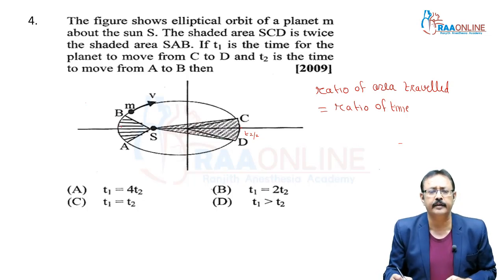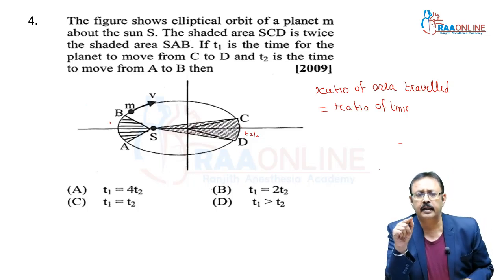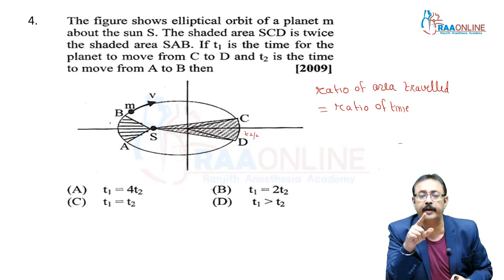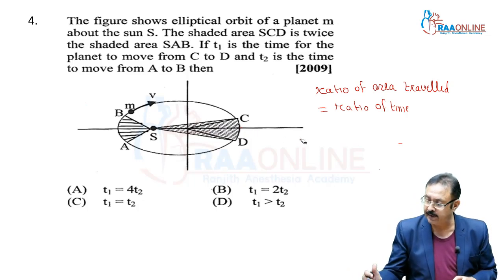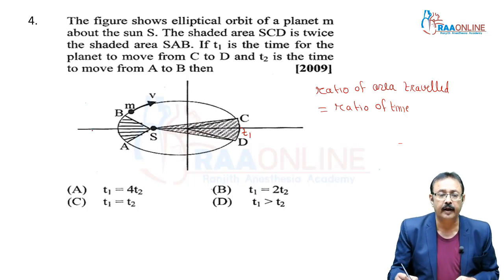And again here A to B. They are saying T1 is the time for the planet to move from C to D. It is not T2, this time they say T1. C to D time is T1 and A to B time is T2.